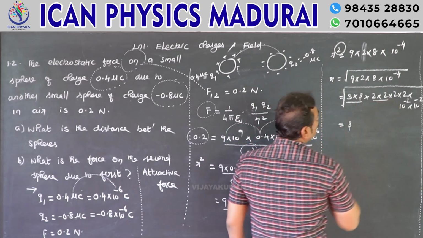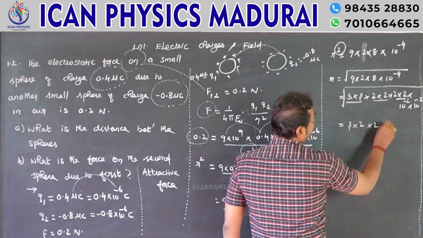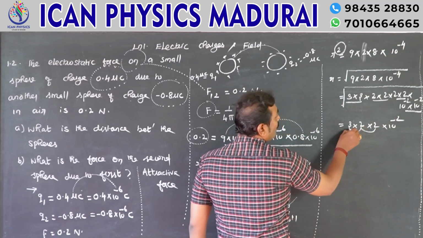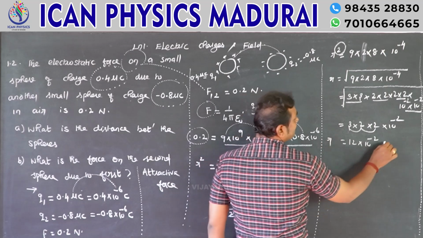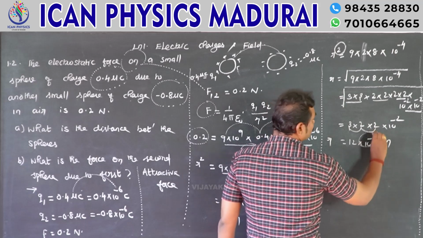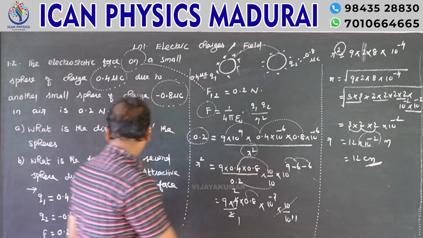For these 2 2s, we can take 1 2. Here for 2, you can take 1. So 2 2s are 4. 4 3s are 12. Into 10 to the power minus 2 is the distance, in meters. By taking 10 to the power minus 2, we can write 12 centimeter. So this is the answer for the first question.